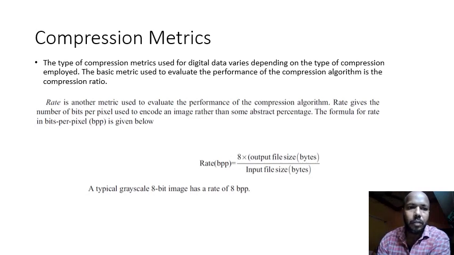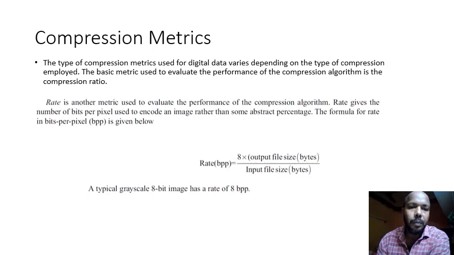Rate is a metric used to evaluate the performance of the compression algorithms, and this rate gives the number of bits per pixel used to encode an image, rather than some abstract percentage. So what is the formula for rate?